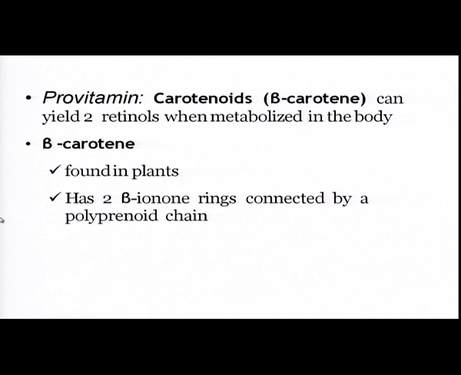It is not that alpha, beta, gamma are all closely related and could be interconverted. It is true they could be interconverted, but beta carotene forms a direct precursor for making vitamin A. So, you see there beta ionone rings and a polyprenoid chain. This polyprenoid chain is what we call the isoprene units.